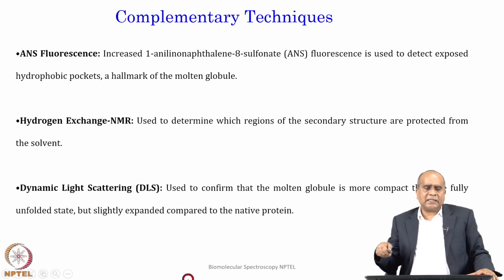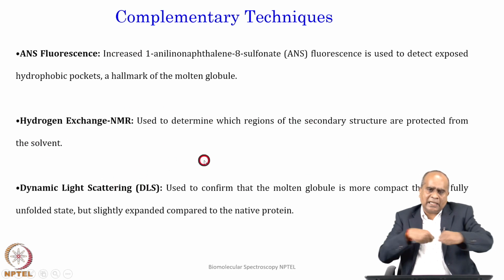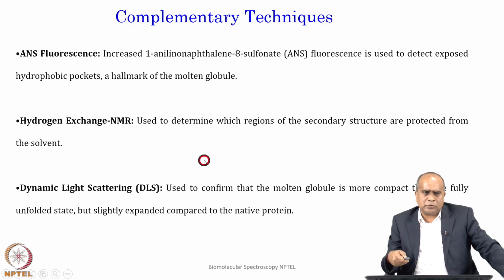Now, complementary techniques. As we discussed, ANS fluorescence is a very nice technique to detect the exposed hydrophobic surface area, which is a hallmark of the molten globule state. Another technique is hydrogen deuterium exchange NMR, which determines which areas are buried and which are exposed.